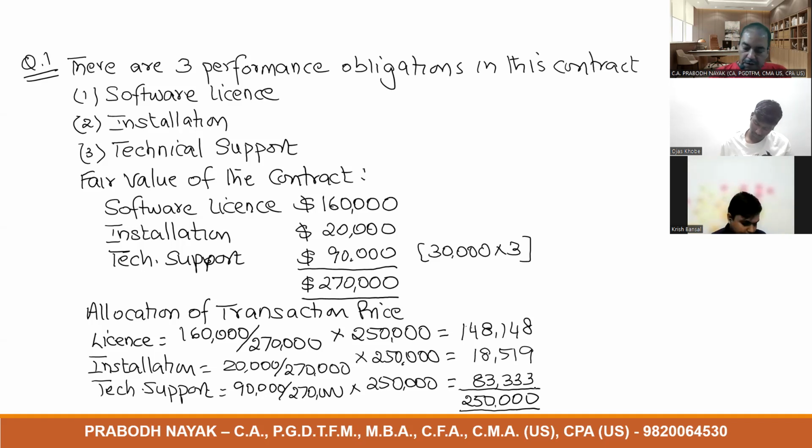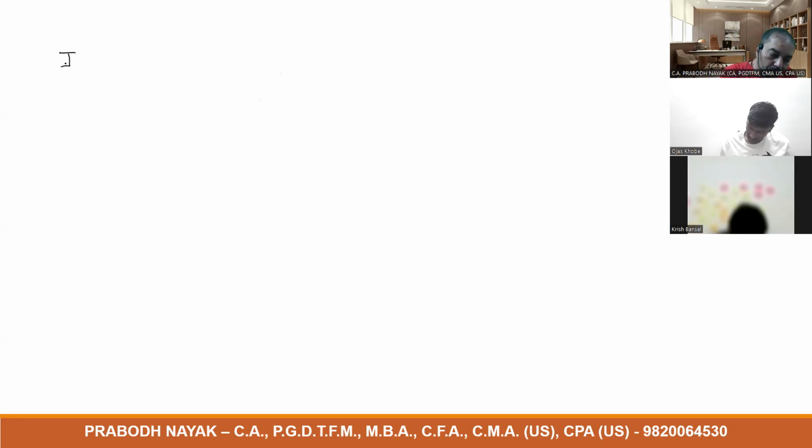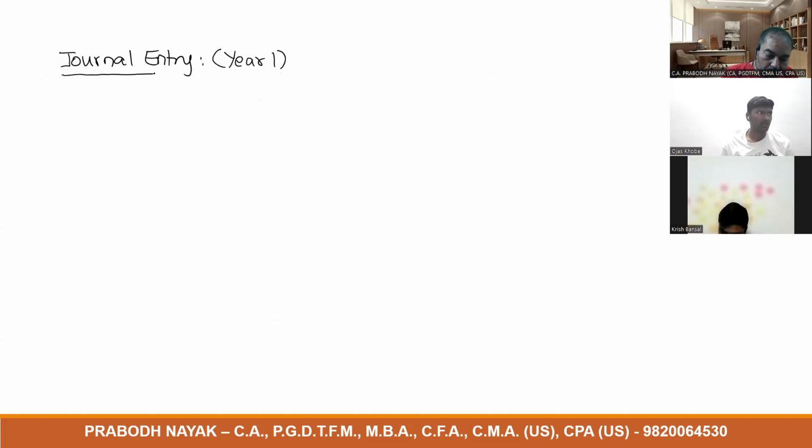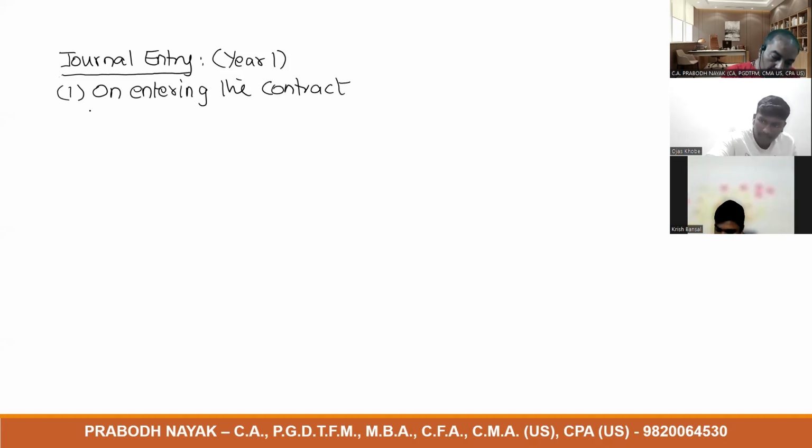Now, journal entry for the first year. On entering the contract, debit cash 2,50,000.